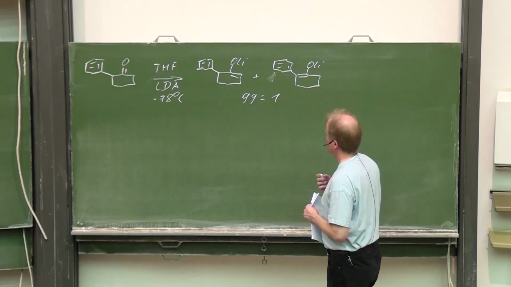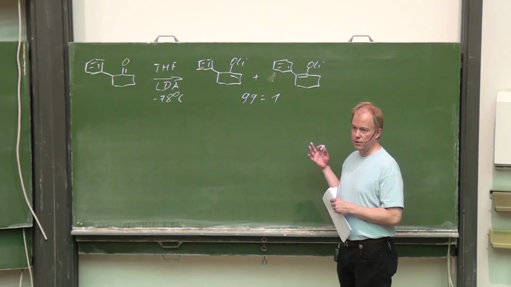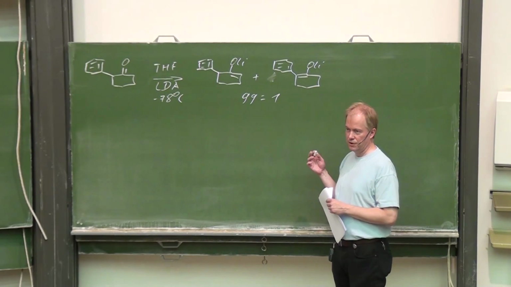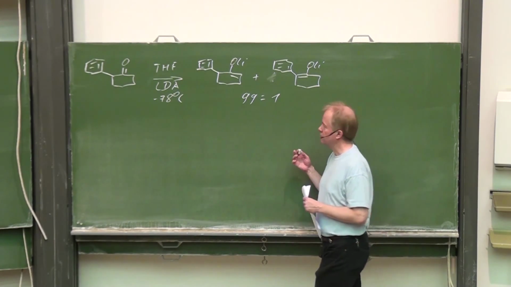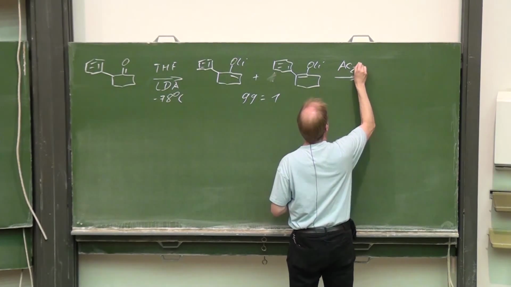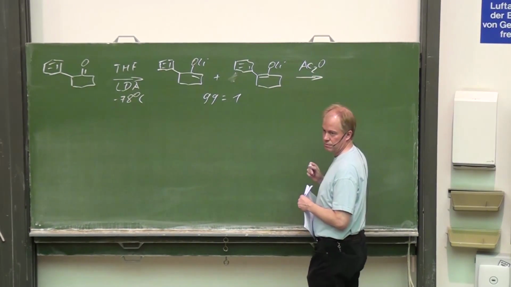Well, how did these researchers figure out that they had this ratio? They trapped the enolates simply by adding acetic anhydride.